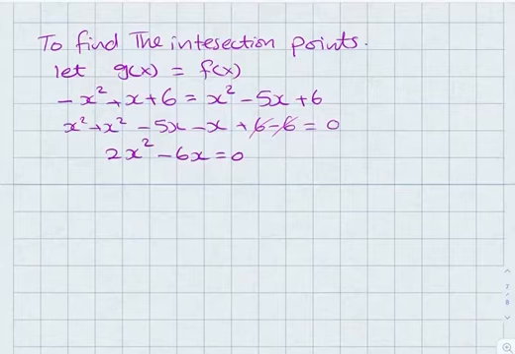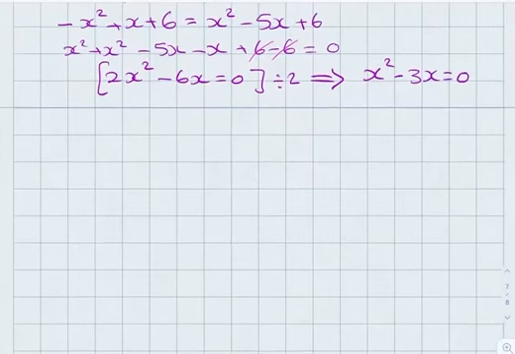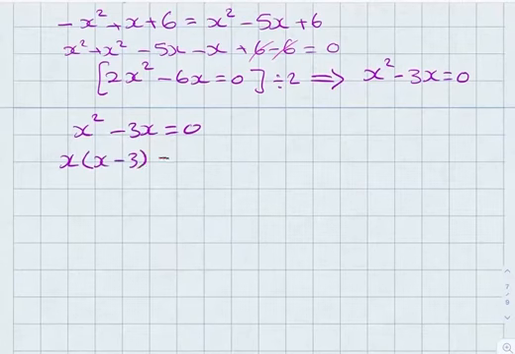We can divide by 2, and we will get x squared minus 3x equals 0. Now we can take x as a common factor, so I end up with x times (x minus 3) equals 0.